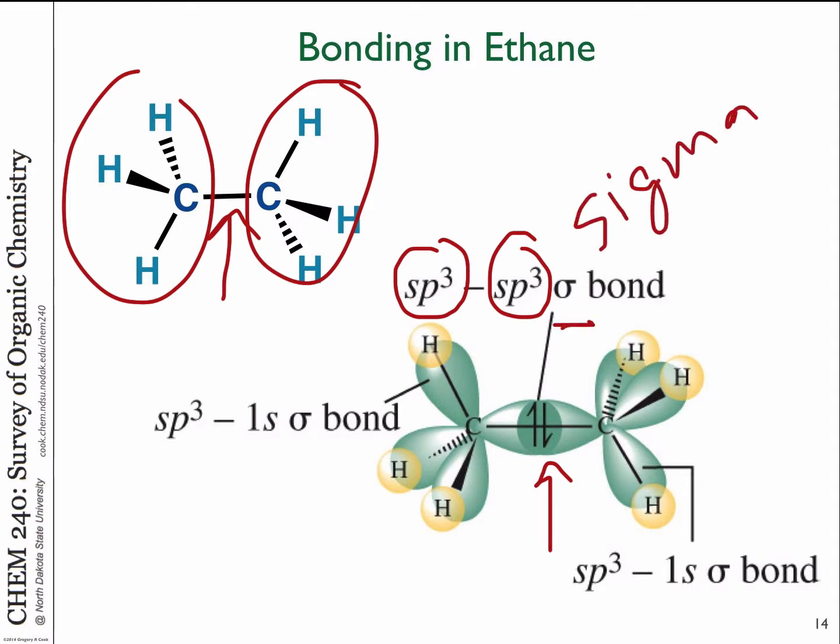That's why you see this little sigma. All of the bonds in ethane are sigma bonds. The CH bond is a sigma bond between an sp3 carbon orbital and an s orbital of the hydrogen. So in the ethane molecule, how many sigma bonds are present?